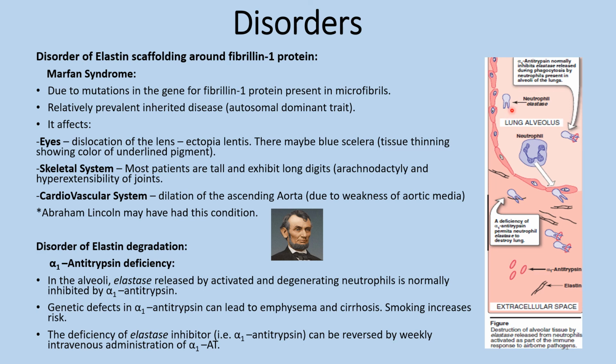When elastase is produced, it is inhibited by alpha-1 antitrypsin. When it is genetically deficient, the elastase damages the elastic fibers and degrades the elastin molecules.